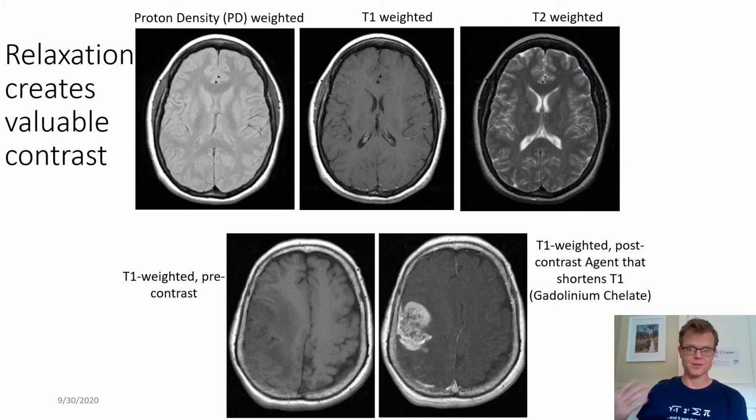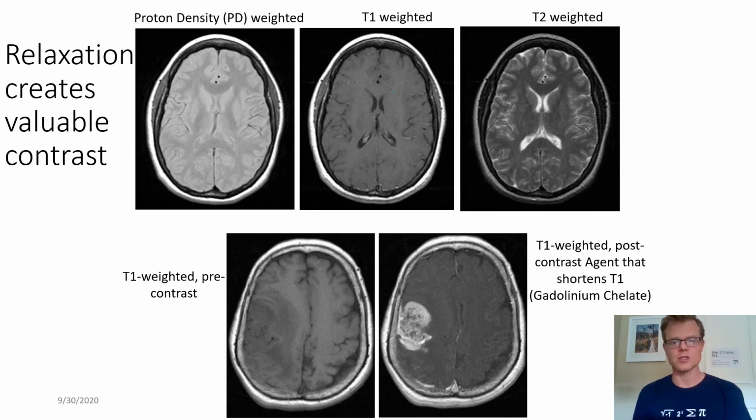So this process of relaxation is an incredible source of contrast in MRI. These would be typical images you'd get from a brain study. The proton density, this is basically the M0 weighted imaging. We discussed this briefly in the initial lecture, and this is simply related to the number of protons, the number of spins, contributing to our net magnetization, which then contributes to our image.